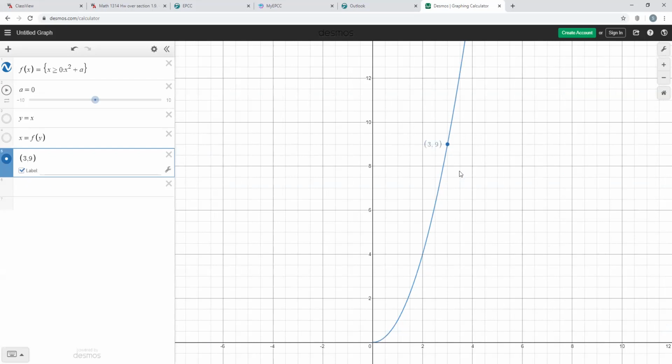So there's the point (3, 9). And a moment ago, I'll just type in the inverse. We proved it. I wrote it down. I showed it to you, and it was y equals the square root of x.